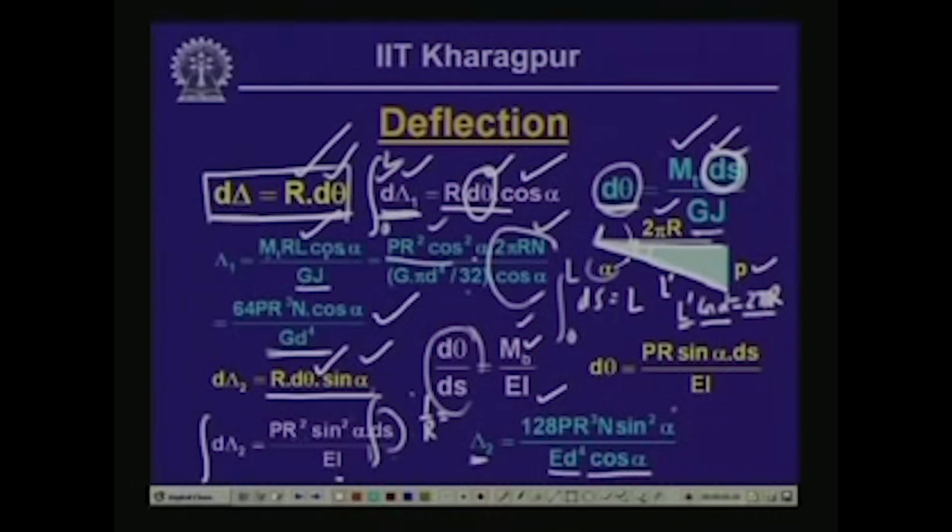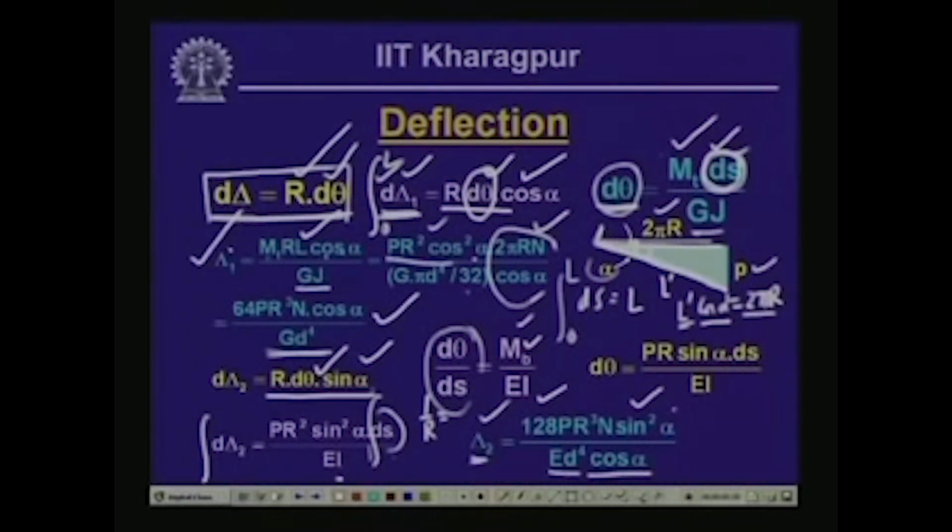And as you know, the value of the bending moment M is equal to P r sin alpha, and here we had one more sin alpha. So, that gives you sin² alpha, and I is πd⁴ by 64. So, that when multiplied becomes 128 P r³ n sin² alpha by E d to the power 4. So, this is the value of the delta 2 that we have.